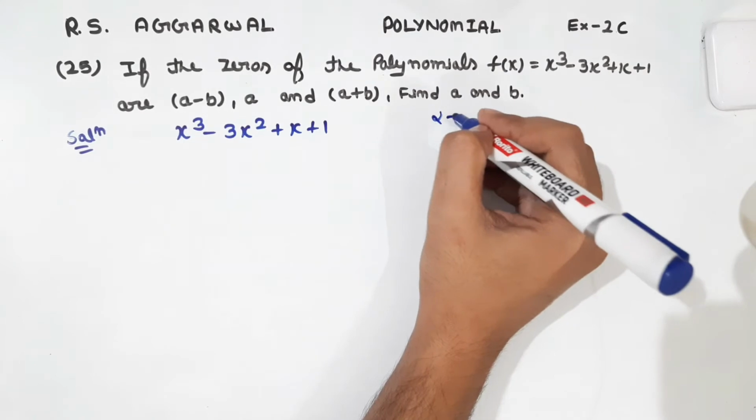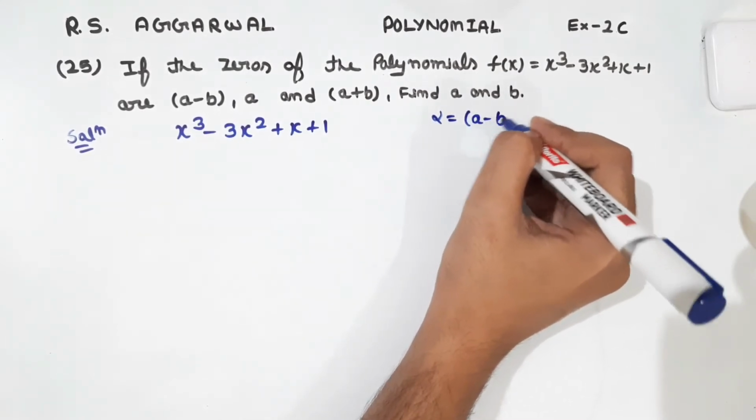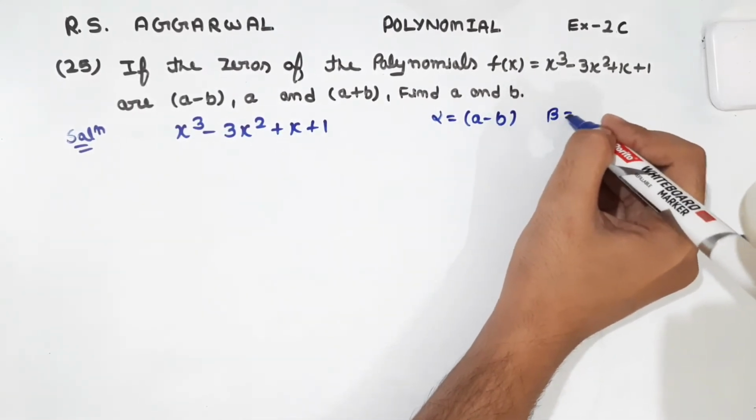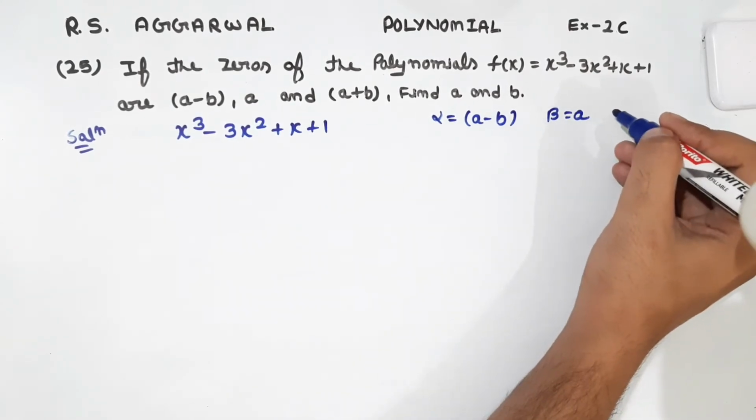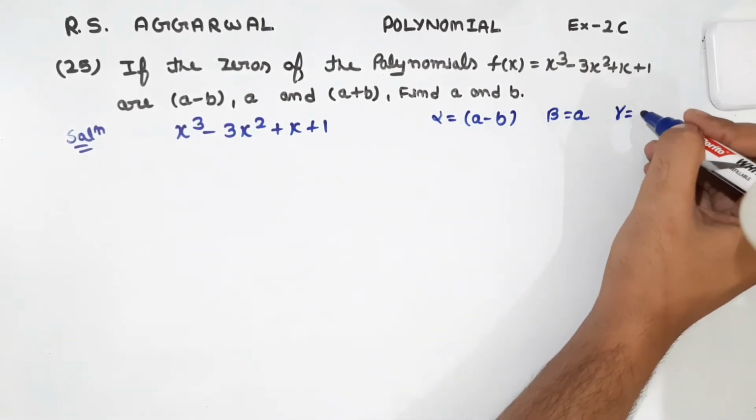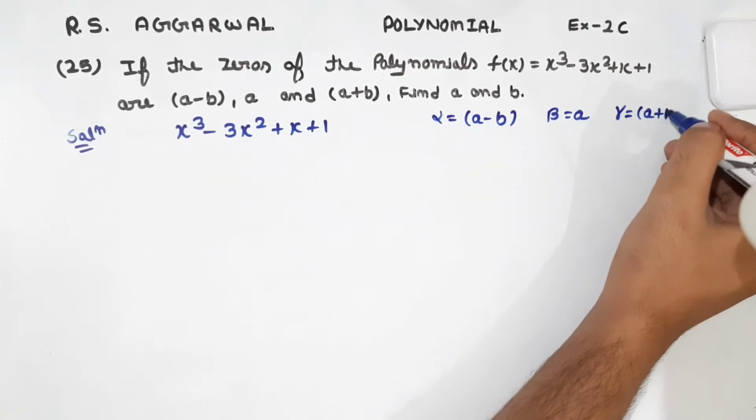First zero is alpha, that is equal to a minus b. Second zero is beta, that is equal to a. And third zero is gamma, that is equal to a plus b.